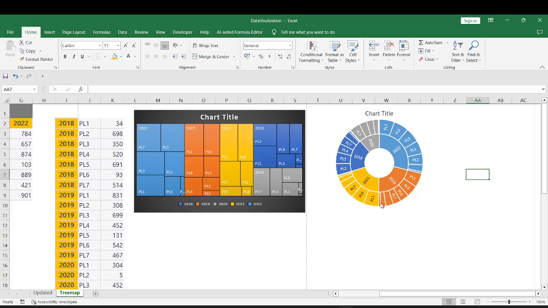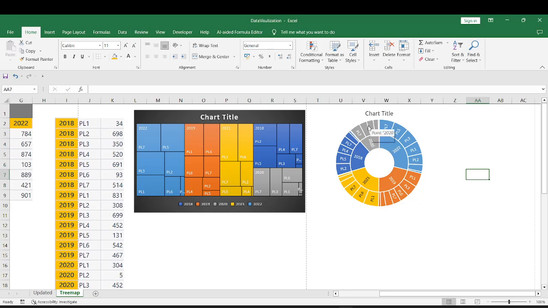Here in the sunburst chart, it's not very clear. Although PL1 was the highest for 2019, this is clearly visible, we have to hover our mouse here to know it's PL5, whereas here we can easily see that PL5 is the least.